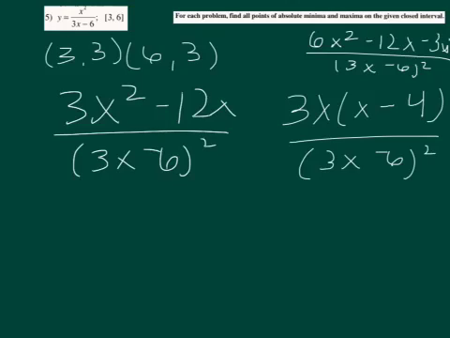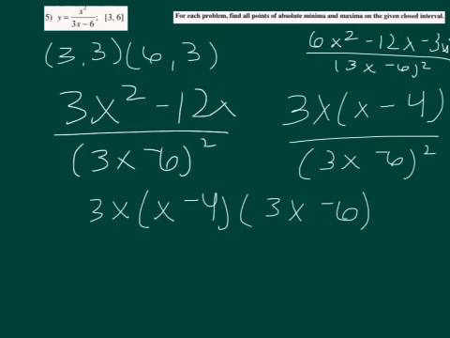So now what I would do is bring up the last part, so it'd be 3x times x minus 4 times 3x minus 6 to the negative 2.